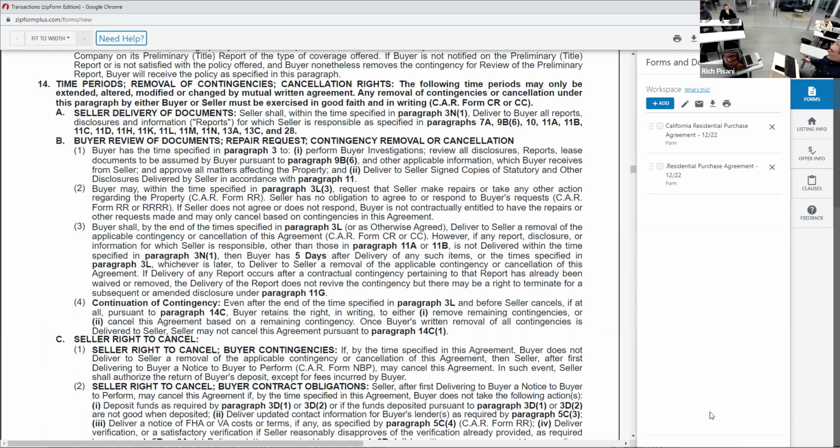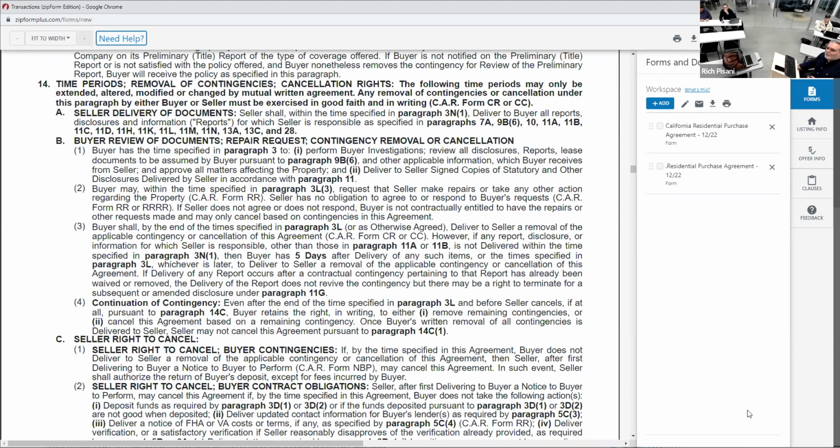If they anger you in the future, or ask for too many repairs, whatnot, if they perform, you have to sell it to them. So make sure that they are aware that that's the only reason that they can cancel, is if the buyer doesn't perform. But if the buyer ultimately performs, they're the new owner of that house.